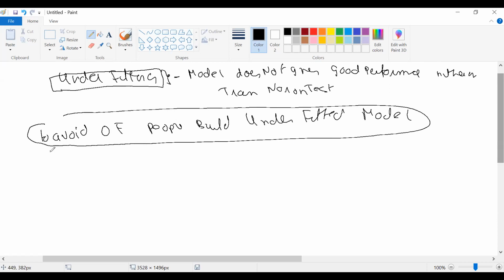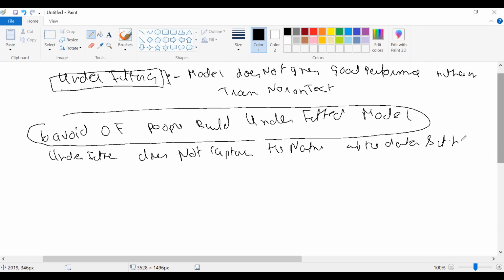So an underfitted model does not capture the nature of the data, and it has high bias and low variance.